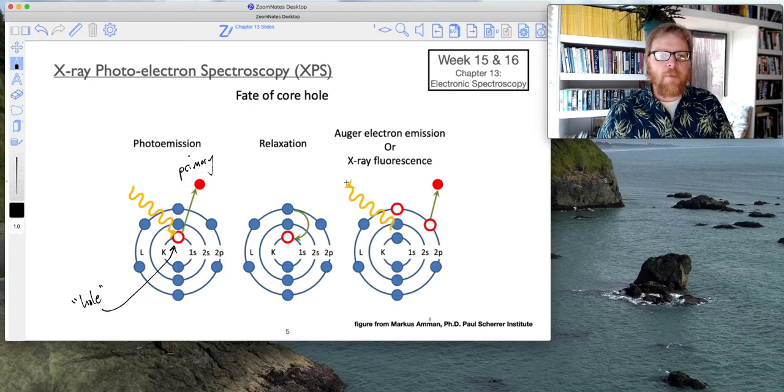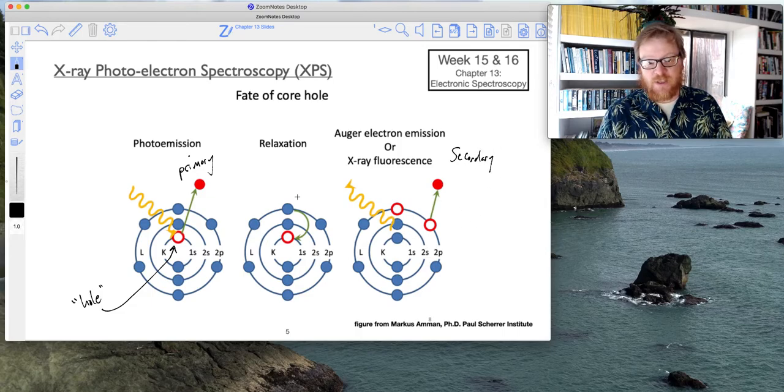Okay, and what can also happen now in X-ray photoelectron spectroscopy is secondary emission processes. Those secondary emission processes are very much related to this hole pair dynamic. For example, you can see that an electron up in this level can relax down.